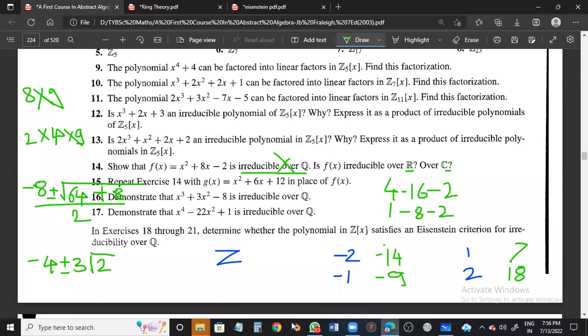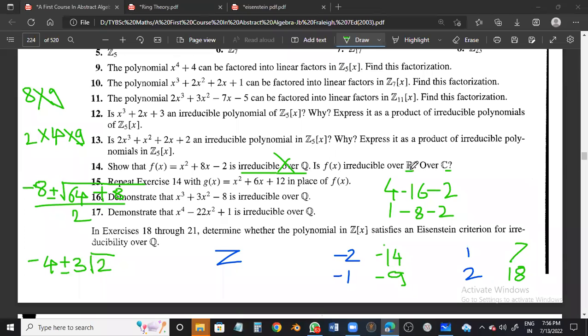Is it rational first of all? Is root 2 rational? No. So this is not a rational answer. That is why we said it is irreducible over Q.